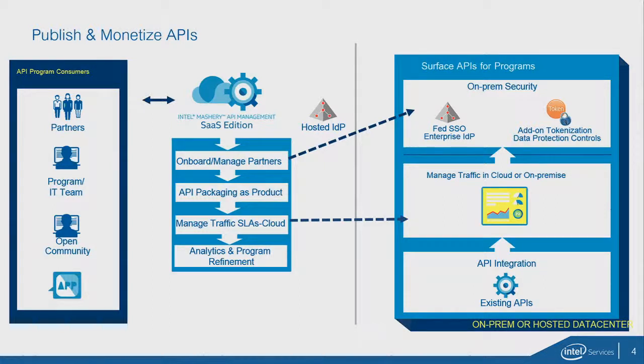So managing traffic in cloud or on-premise, both models exist, on-premise or hosted data center. You have federated SSO, single sign-on, and you have some key data protection capabilities. You don't want to expose sensitive data like a social security number, or a patient name, or a credit card number.